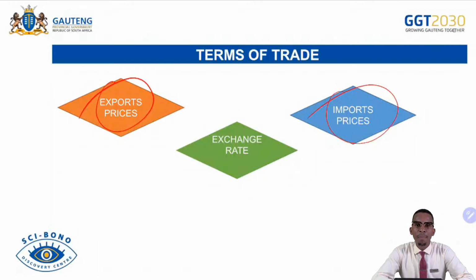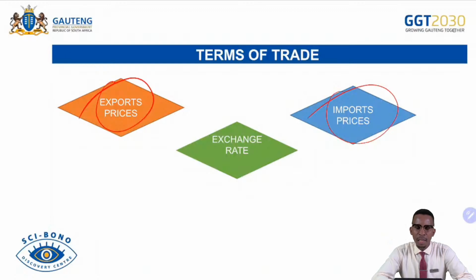Why? Because as terms of trade decrease, there is less income received as payment for exports. For that reason, the country cannot further its infrastructure development or improve job creation, because the income received has been reduced by the decrease in terms of trade.